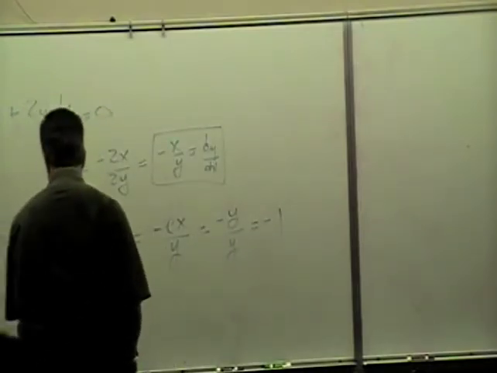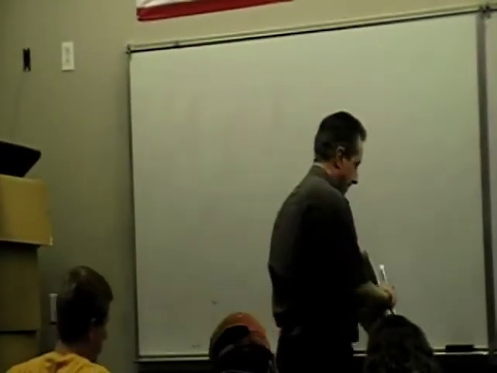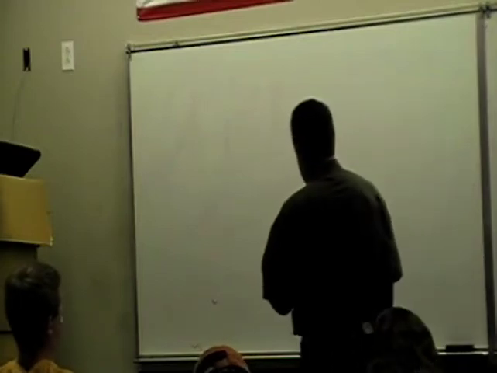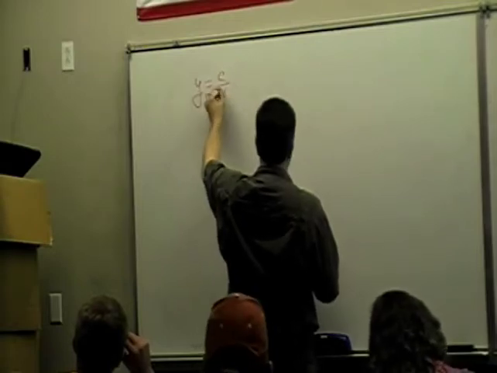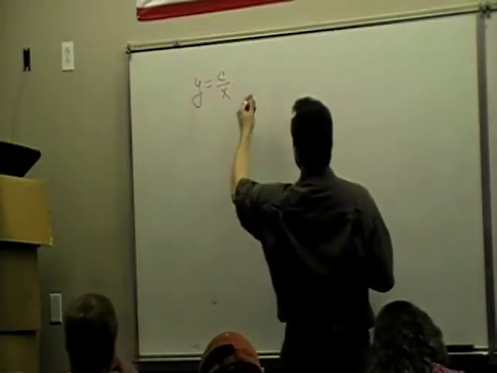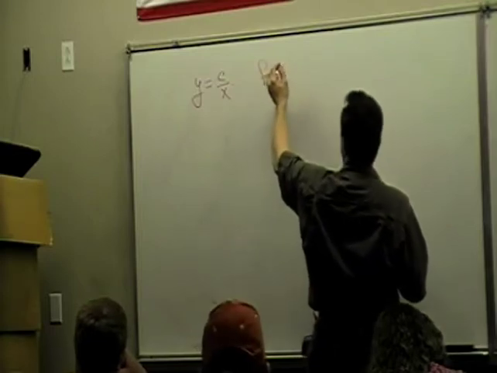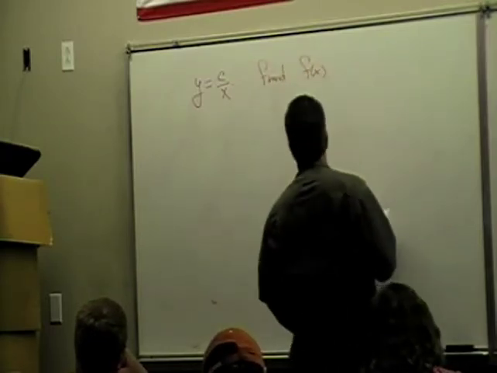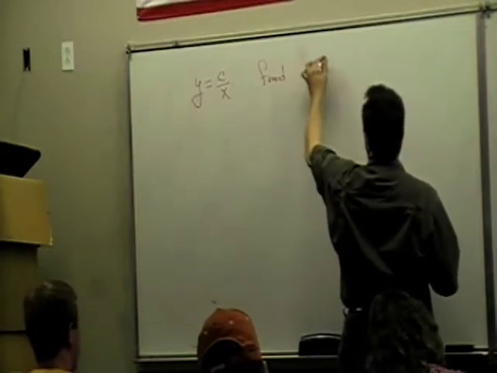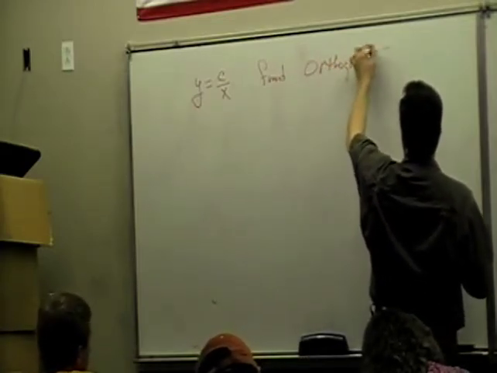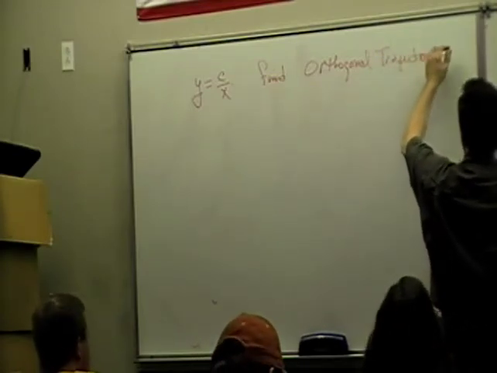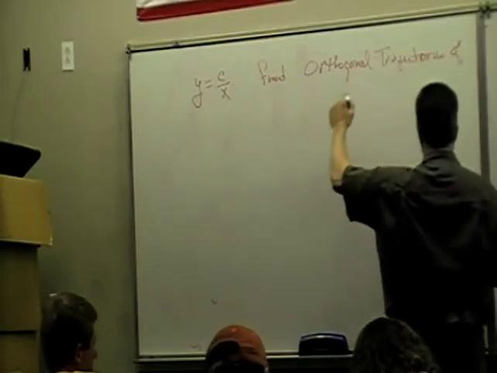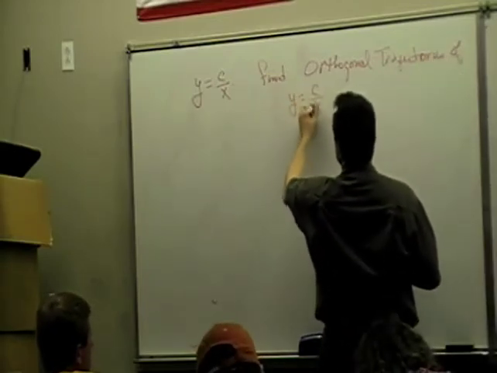Let's take another example. Let's do something you might not have done in Calc 1. I give you a function, y equaling c over x, and I want you to find the orthogonal trajectories of y equaling c over x.